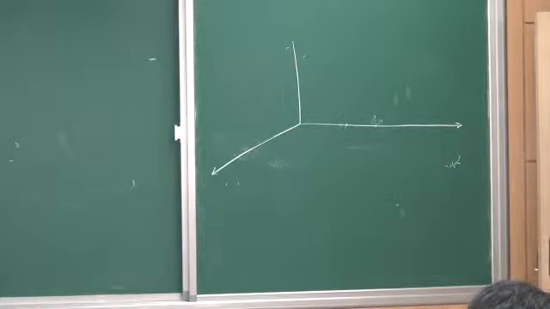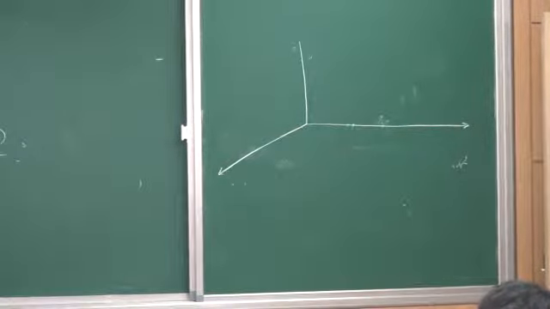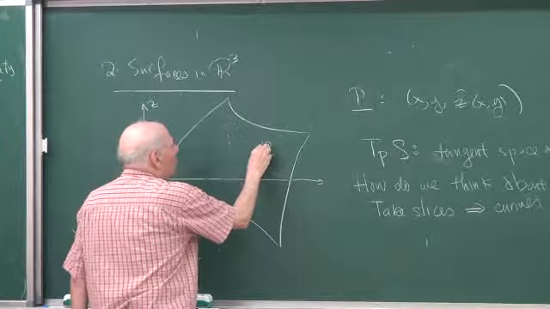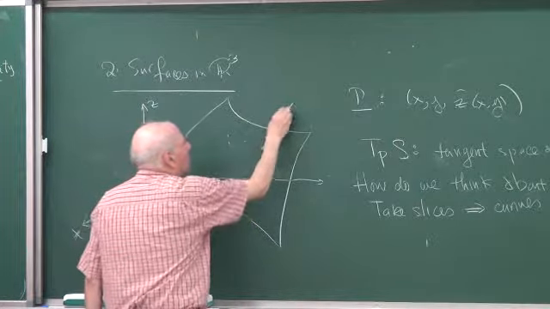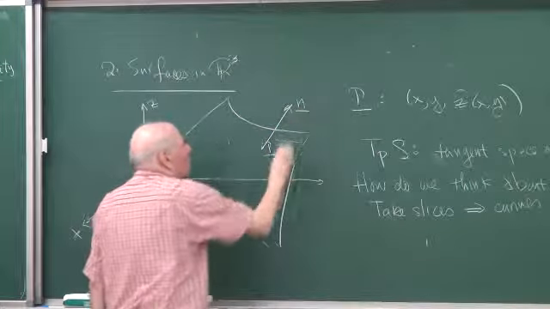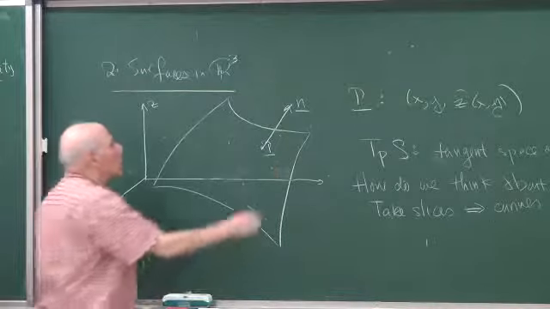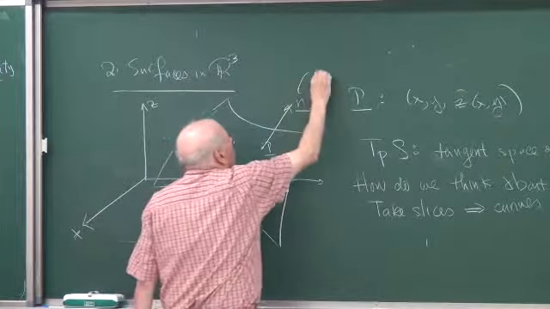Let's move the point P to the origin. It won't change the curvature, which should have nothing to do with the choice of coordinates. It has a normal, and I'll use n for the unit normal.